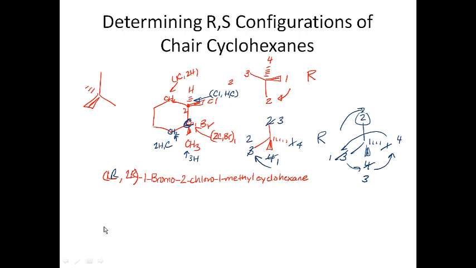Now, another thing that you have to be aware of when you determine R and S configurations of cyclohexanes is this idea.